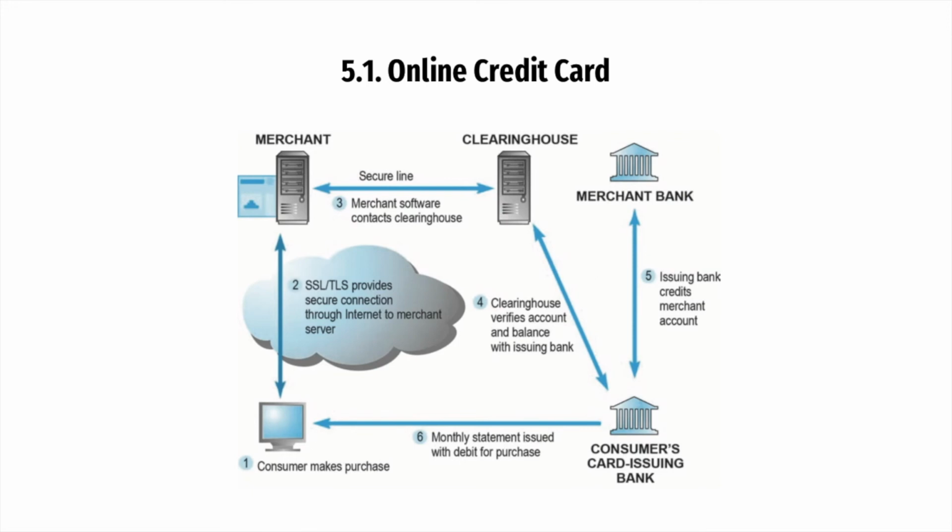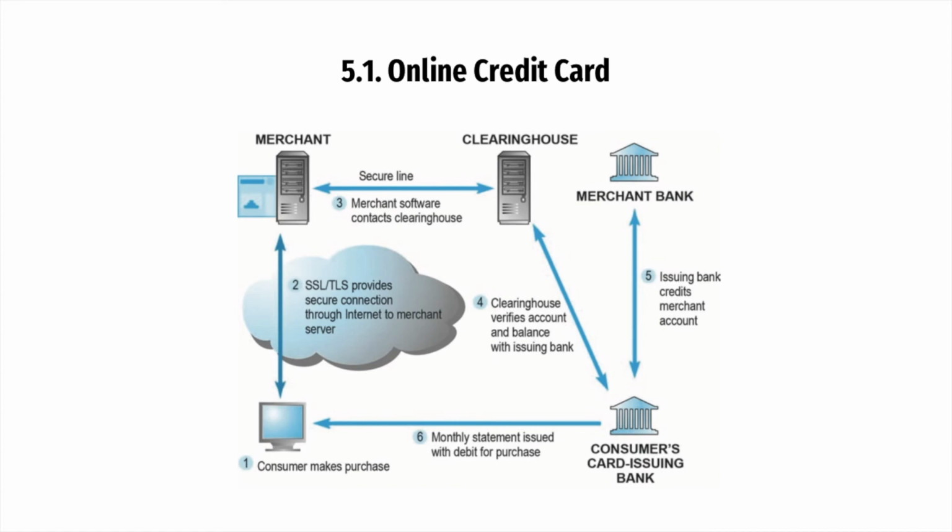The second step is that SSL does not authenticate either the merchant or the consumer. Transacting parties have to trust one another. Once the consumer's credit card information is received by the merchant, the software contacts the clearinghouse.